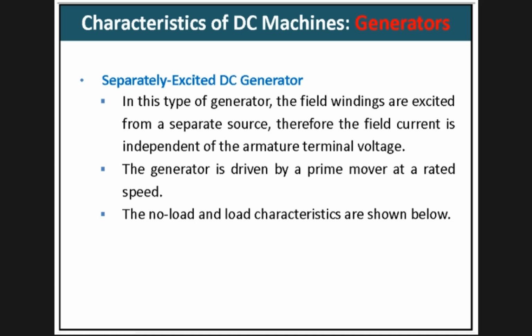Separately excited DC generator means the field coil is supplied with a separate source and the armature coil is supplied with a separate source. So therefore the field current is independent of the armature terminal voltage.